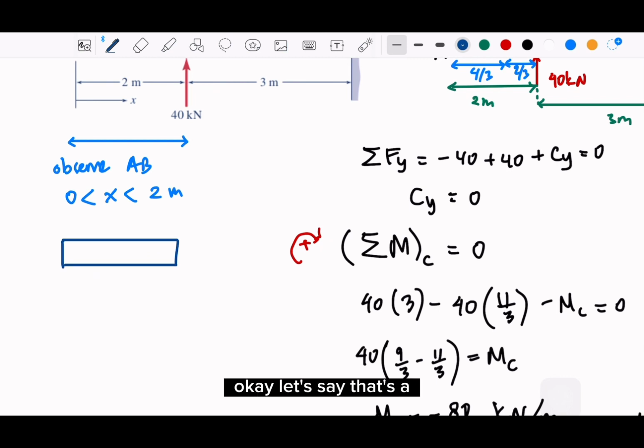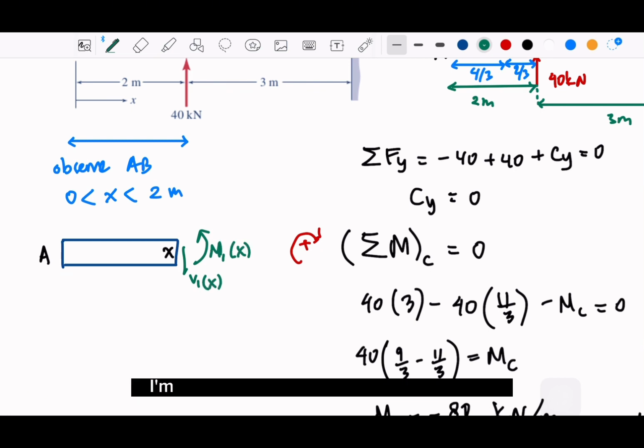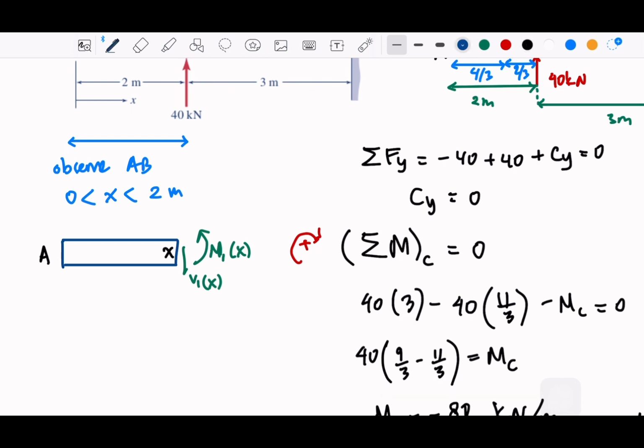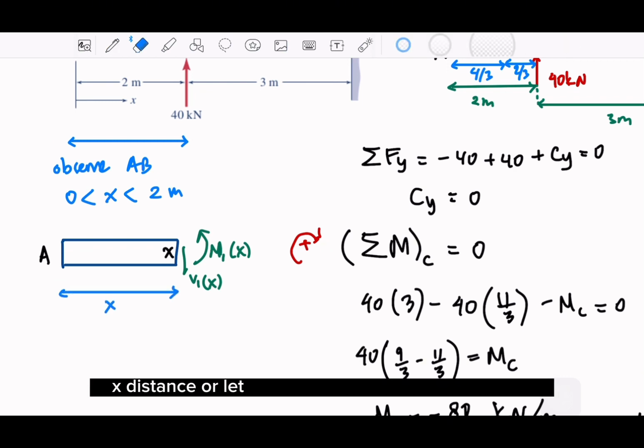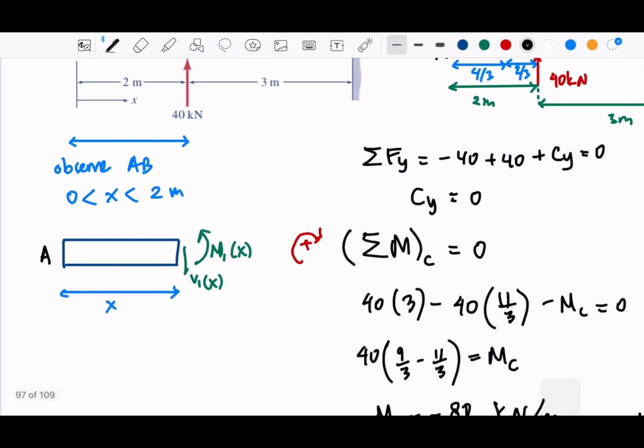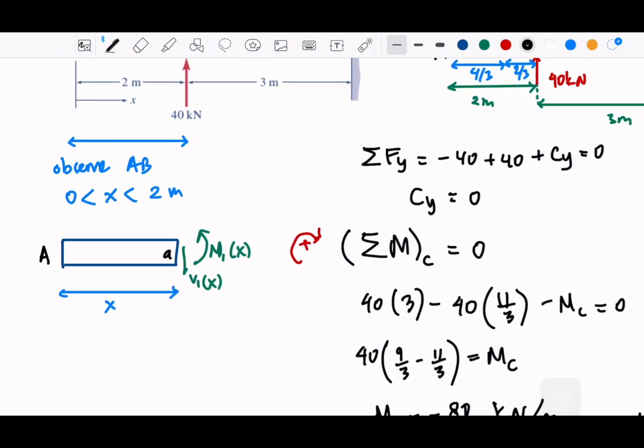So let's say this is A and a cut at X. We are going to get V1 and M1, in function of X. I'm going to take it into our functions now. Let me write a small a to distinguish between A and X.